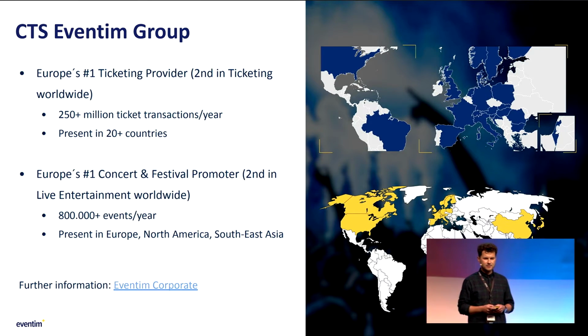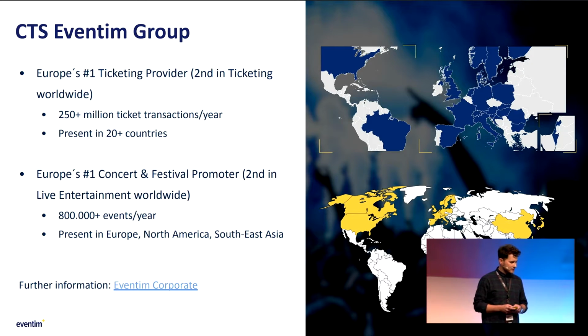So this is what CTS stands for in Eventim Group. If you are from Germany or Italy or Austria, it's very likely that it's from CTS. So what does it account for? It accounts for 250 million ticket transactions per year, and we are present right now in more than 20 countries with the computer ticket systems worldwide.